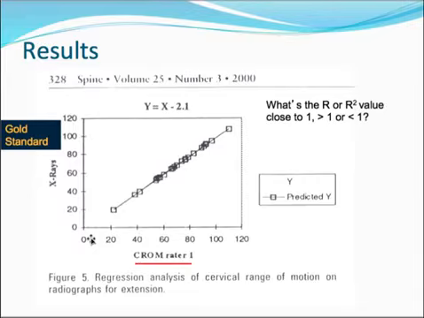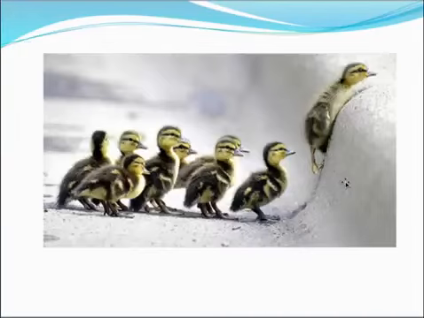We have radiographs on the X axis and the CROM on the Y axis, and we can see that the values are nearly perfect. The CROM was in high agreement with the X-rays, so it's a valid measure of cervical movement.